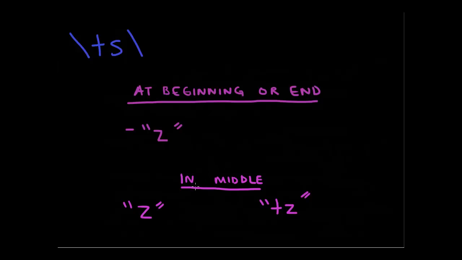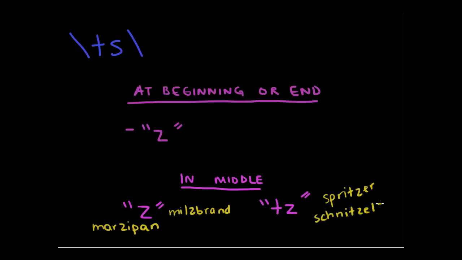Examples with Z in the middle are marzipan, and another example is Milzbrot, which we've seen already today. Examples with TZ, Spritzer, and Schnitzel. Sorry, that's it, Schnitzel.